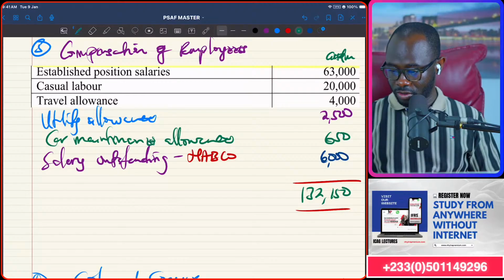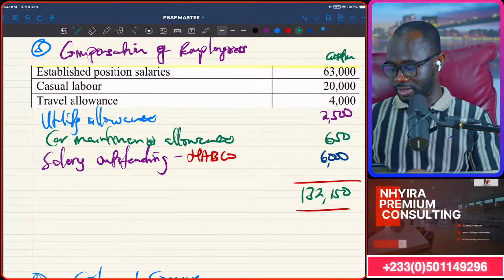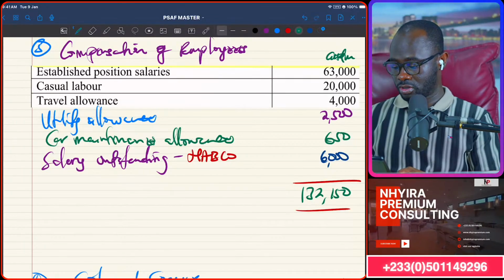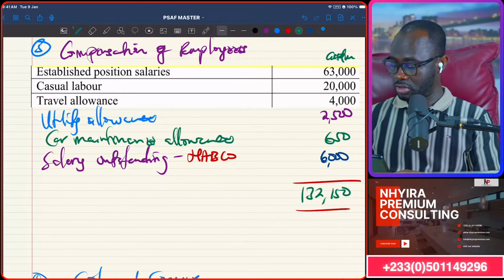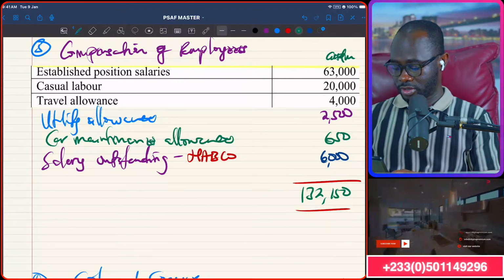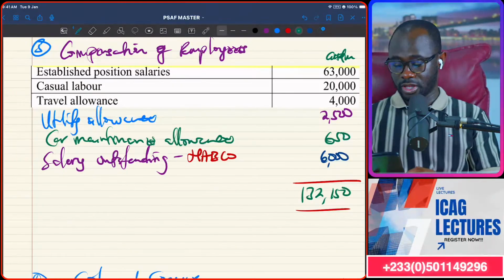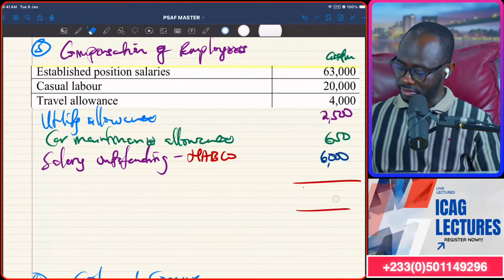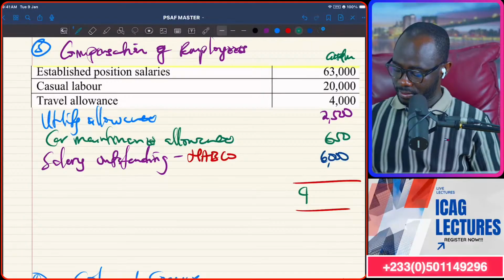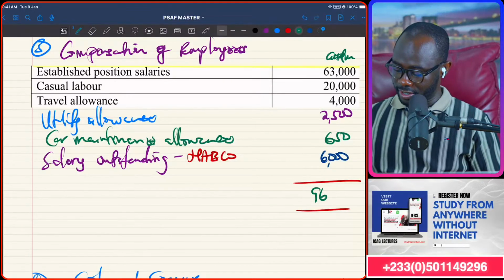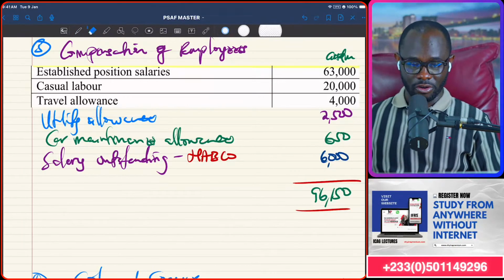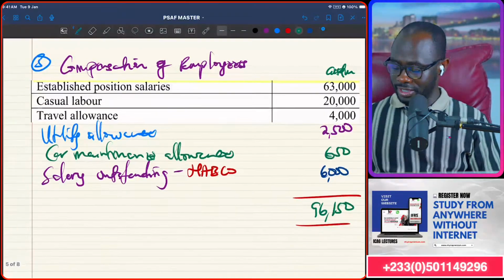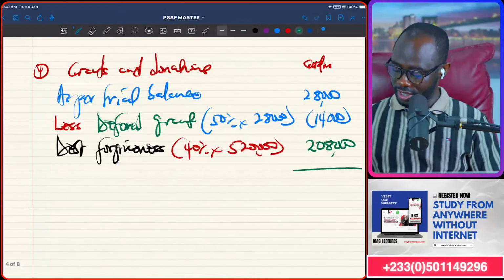Give me a sec. I want to see if my arithmetic is right. 63,000, 20,000, 4,000, 25,650, 6,000. Oh, 110 rather. So my calculator, right? You know I'm still wrong because the calculator is part, or calculation is part of the work.